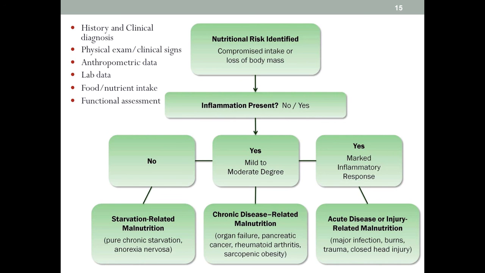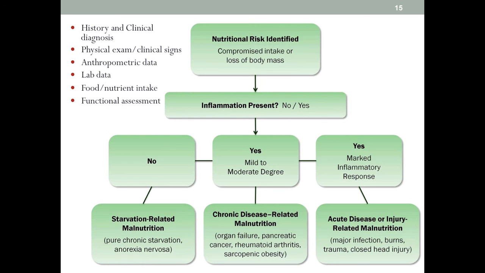For physical exams and clinical signs, we're going to want to look if the feature in the diagnosis criteria is weight loss, lean body mass, or subcutaneous fat loss. And also we want to look for fluid accumulation.